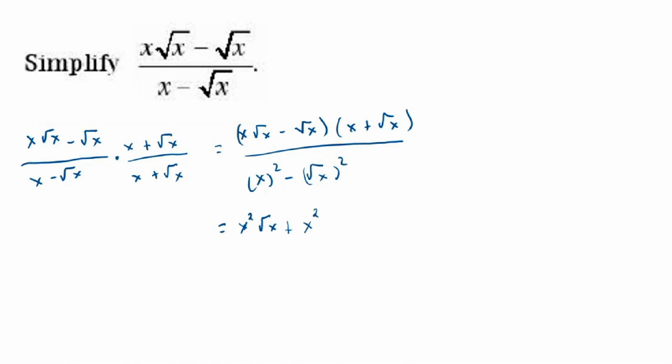And then for the inner terms, we have square root of x times x. So the inner terms, we have minus x square root of x. And then for the last terms, negative square root of x times square root of x is just negative x.